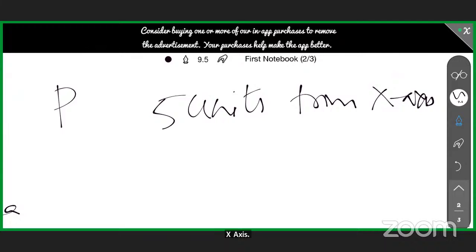So we have to find the equation of the locus of a point which is at a distance of 5 from the x-axis. What will be the equation?